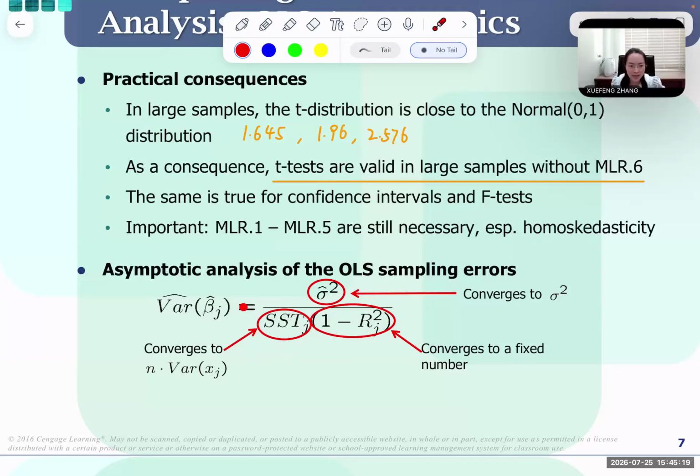Our estimates get more and more precise. This is exactly the mechanism behind consistency and asymptotic normality. More data literally squeezes the sampling variance down, which is why our estimator homes in on the true value.